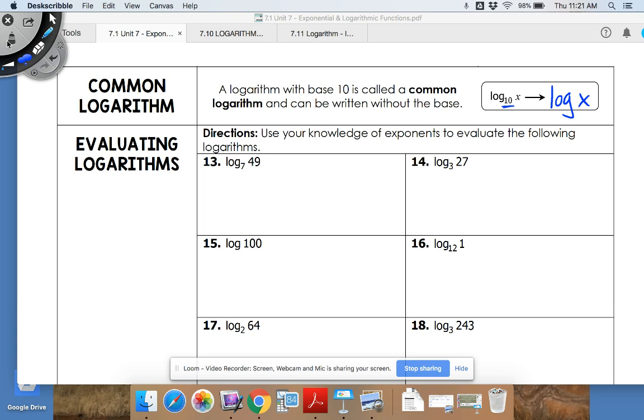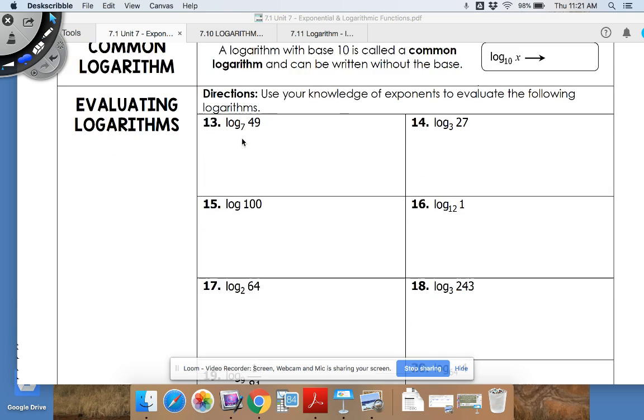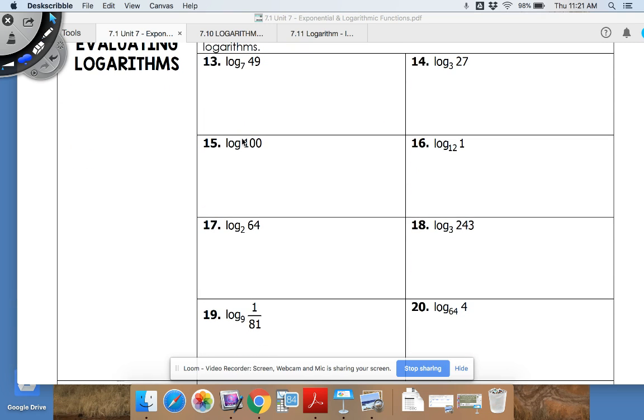So now we're going to evaluate them. When we evaluate, we're actually seeing what would it equal. So if we used our exponential, it would be 7 to the power of x equals 49, or 7 to the second power equals 49.